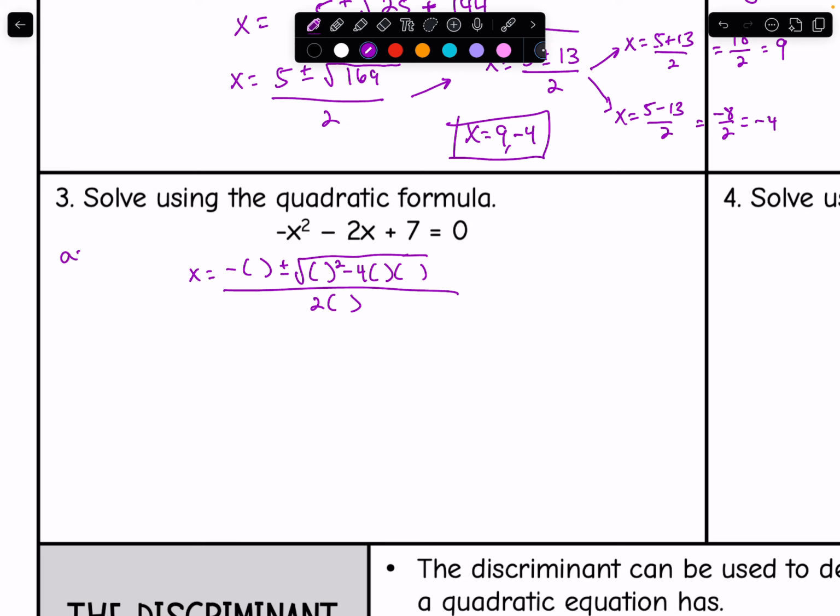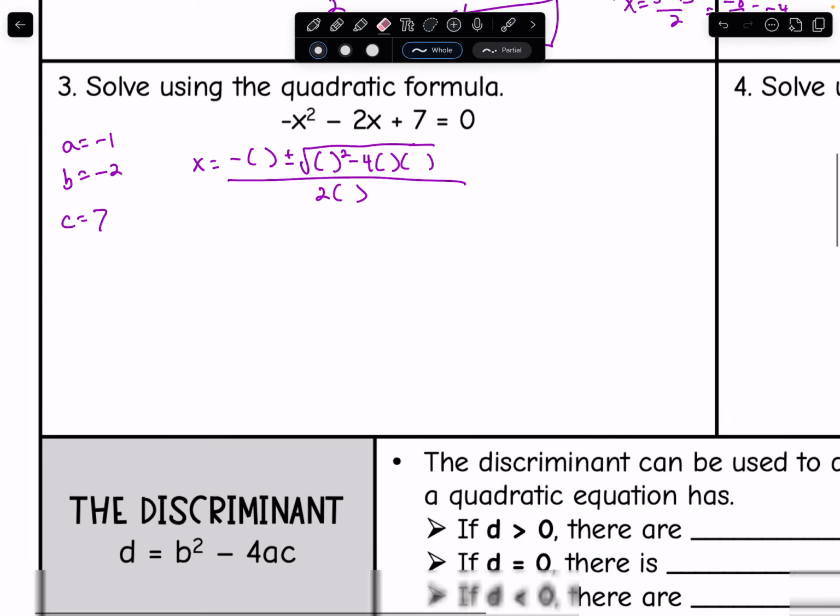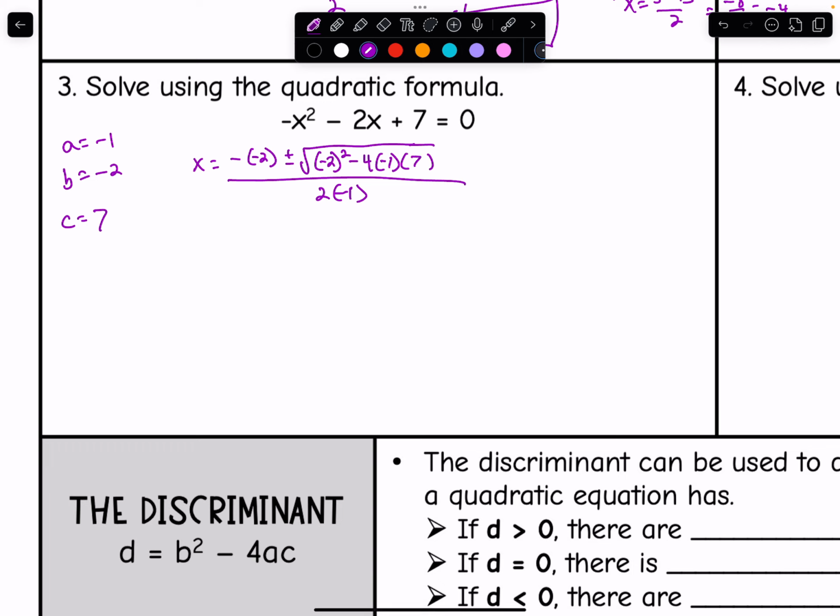So my a in this case is -1, my b is -2, and my c is 7. Keep in mind, I get these numbers from here. So now I fill this stuff in. I got -2, -2. A is -1, -1, and then c is 7.